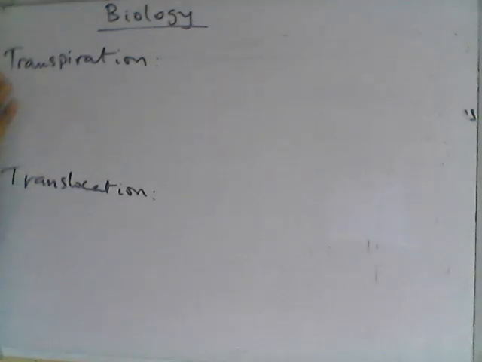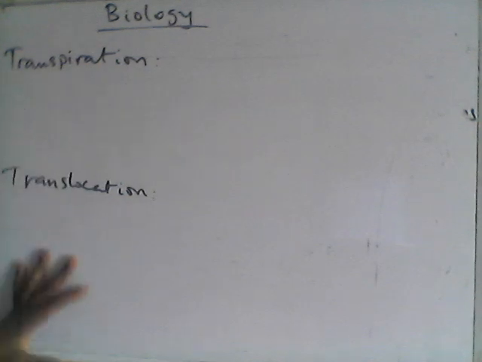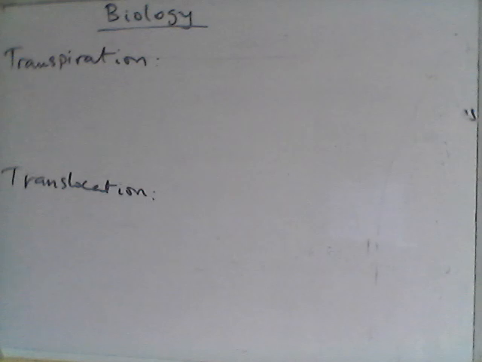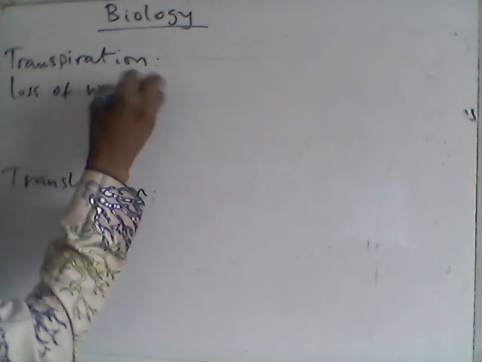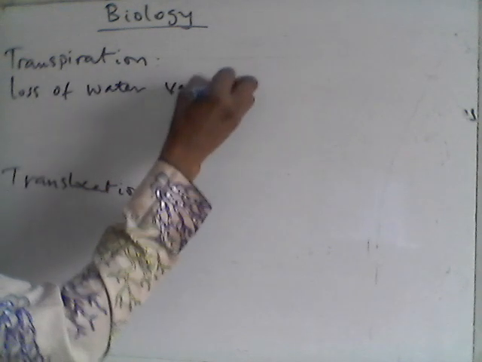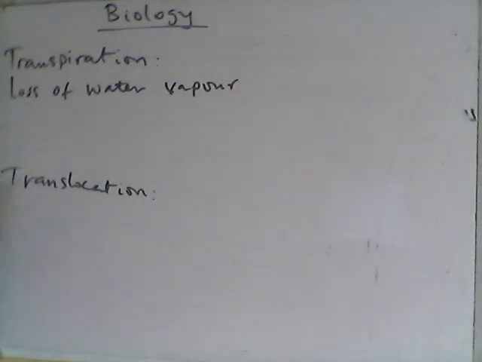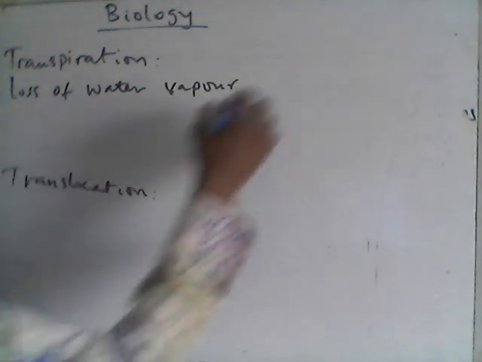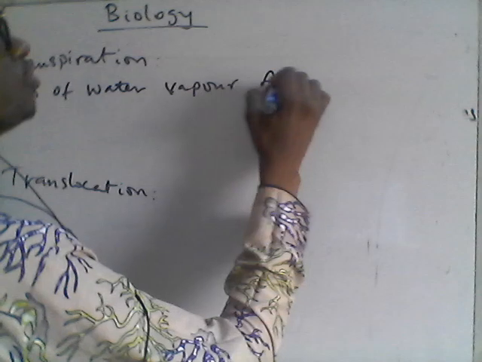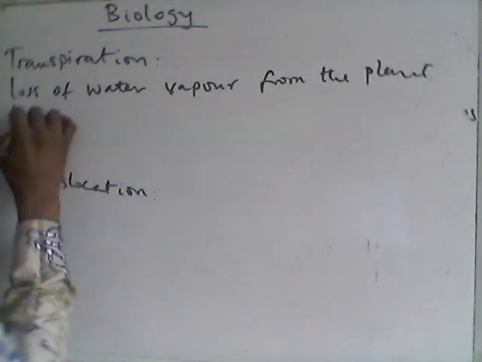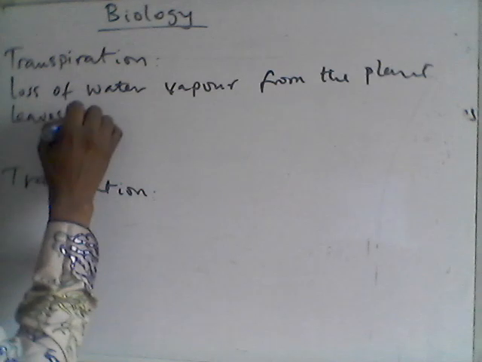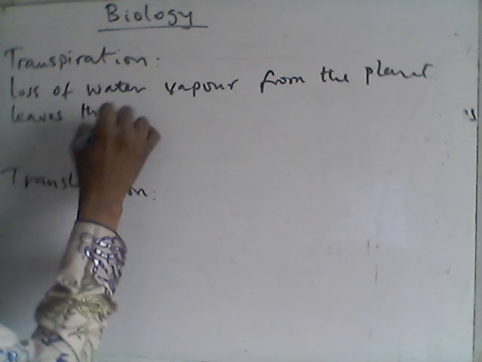So I'm going to talk about these two terms, transpiration and translocation. What are they? Transpiration is the loss of water vapor from the plant leaves through stomata.